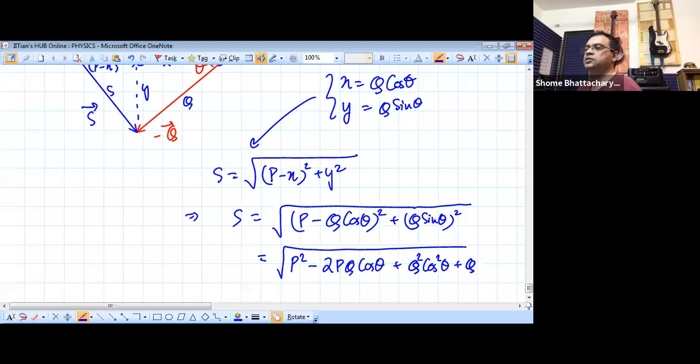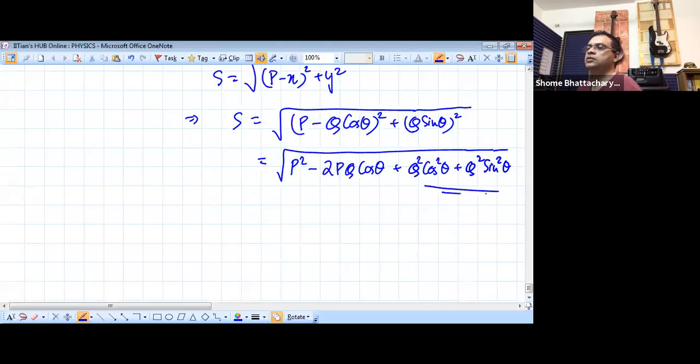And this term is q square sine square. So use the identity that sine square plus cos square is 1. So this term becomes how much? It becomes square root of p square plus q square minus 2pq cos.